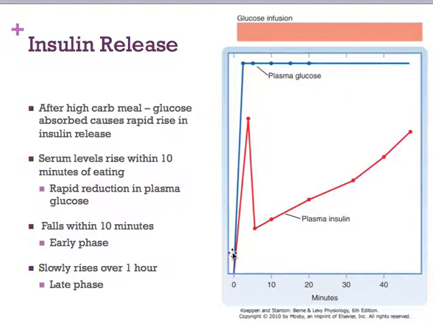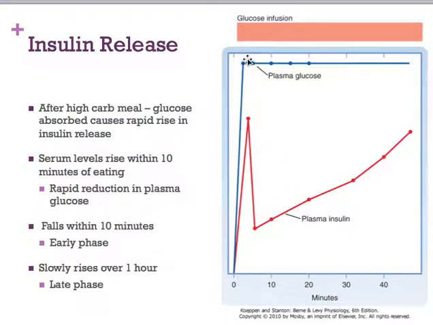This is a rapid release graph showing an animal study with glucose infusion. On the top here, we see in orange the length of the glucose infusion. On the X, we just have minutes. So what you're seeing on the Y is just levels of either glucose or insulin.